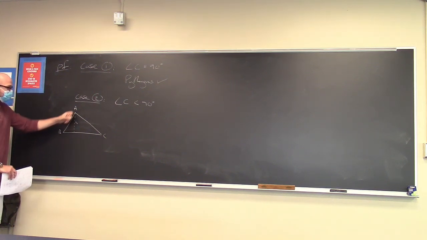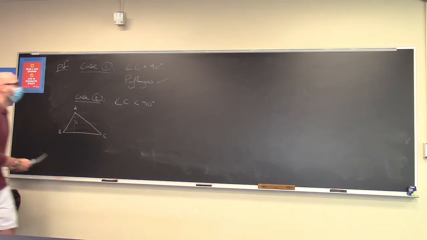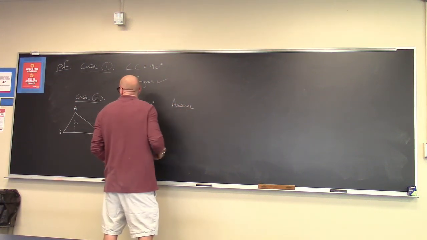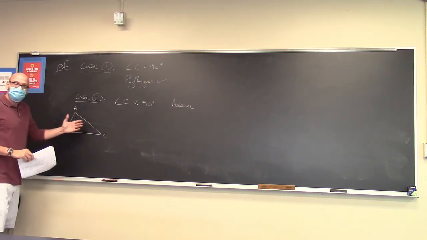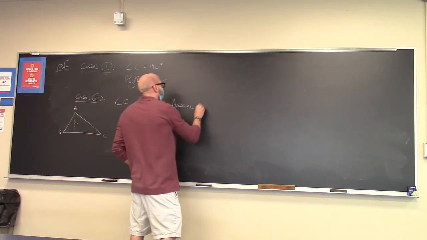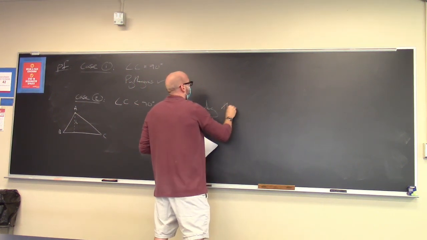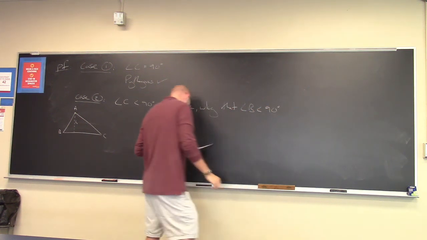So at least one of them has to be acute, and we'll just assume without loss of generality that it's angle B. If it's not angle B, relabel everything so that it is angle B. Assume, without loss of generality, that angle B is less than 90 degrees.